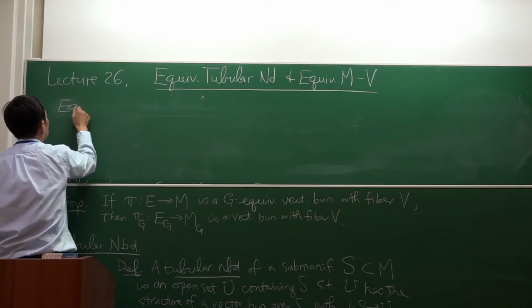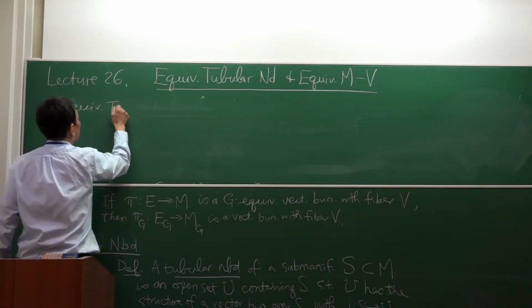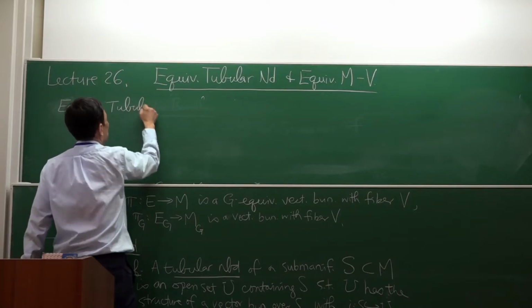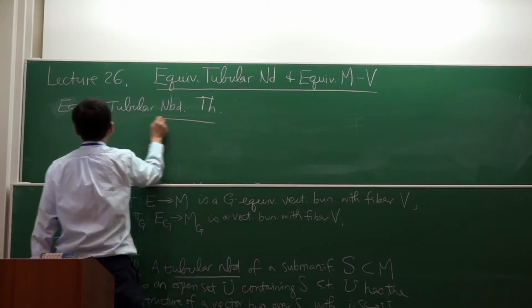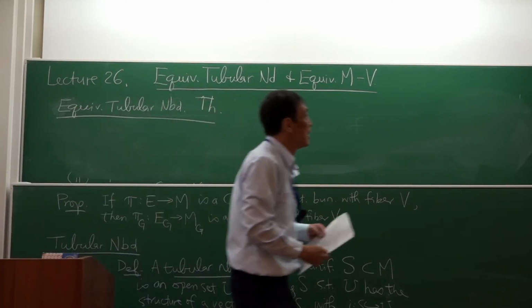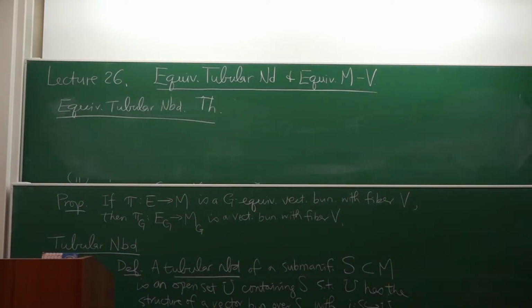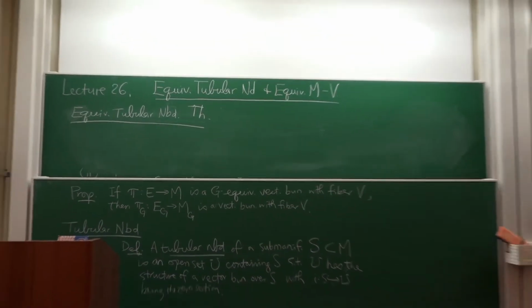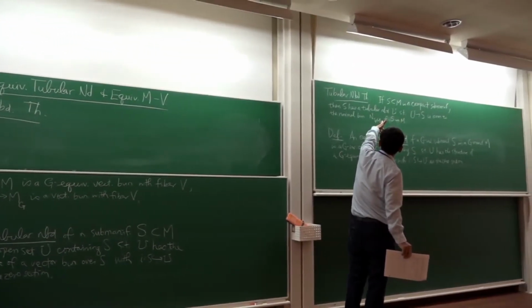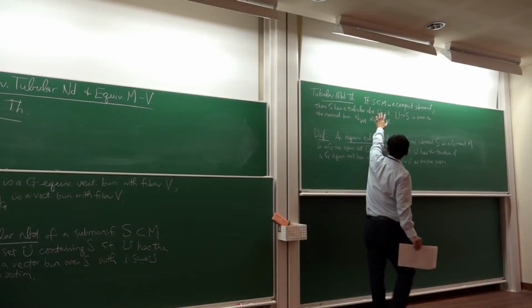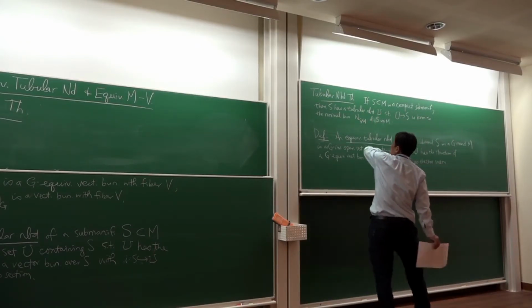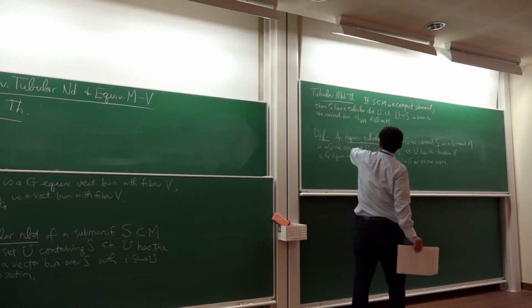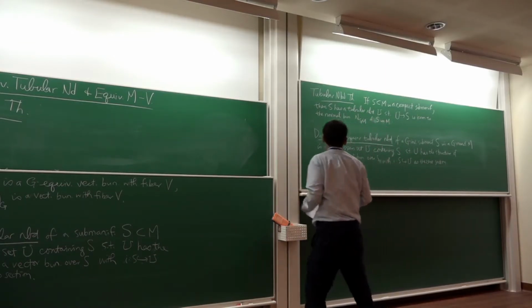So it basically says the same thing as the tubular neighborhood theorem, but now S is a compact G invariant submanifold, and then S has an equivariant tubular neighborhood.